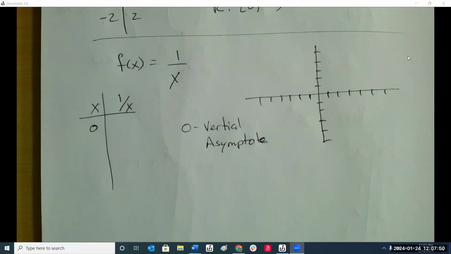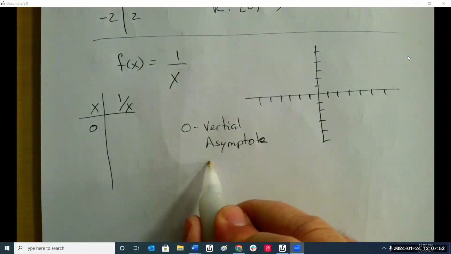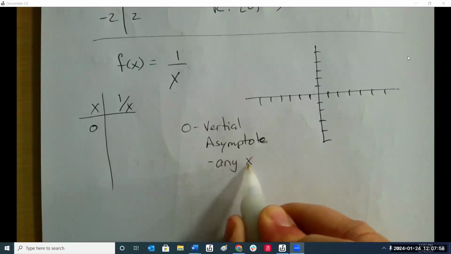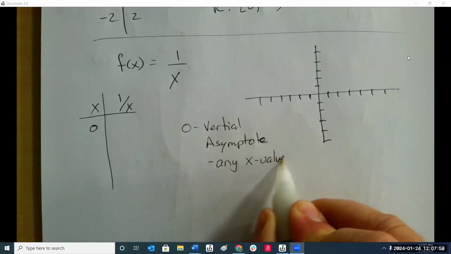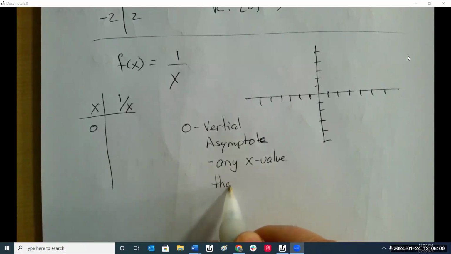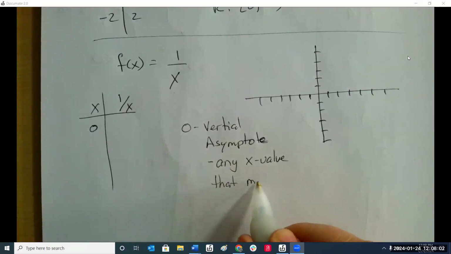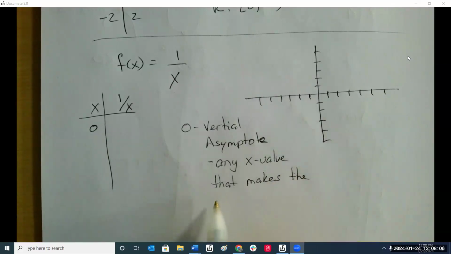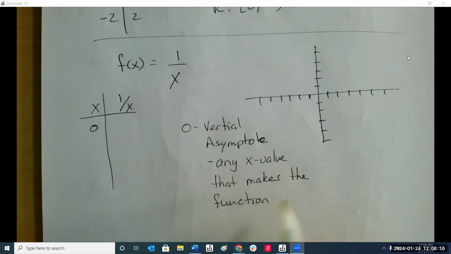Where do vertical asymptotes come from? Any x value that makes the function undefined.